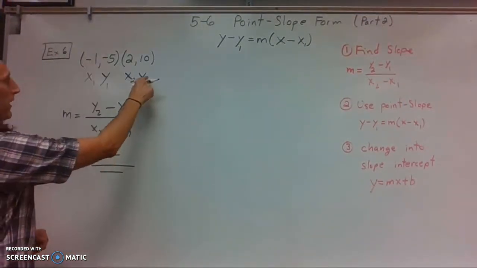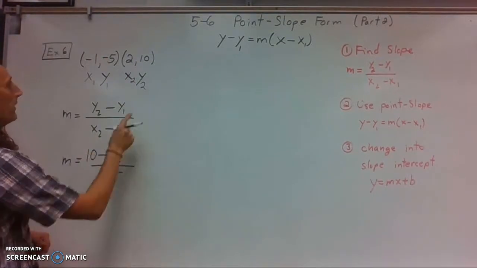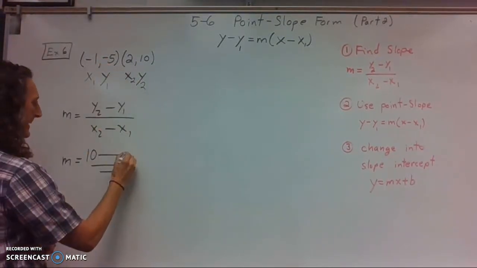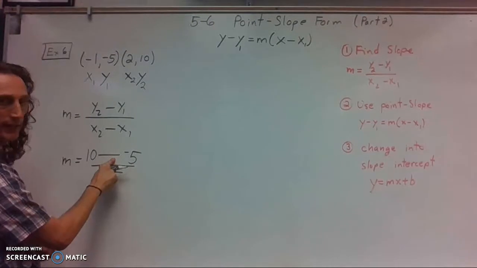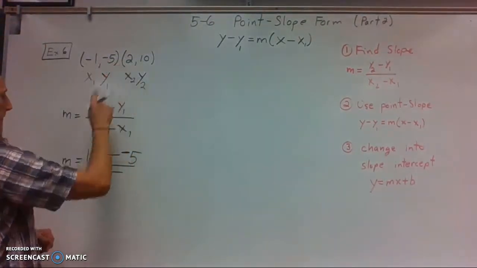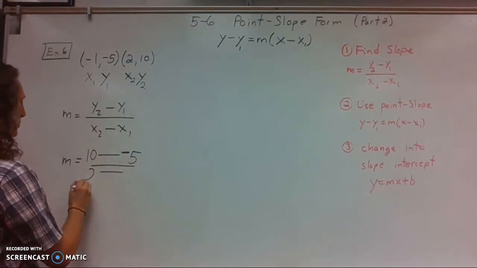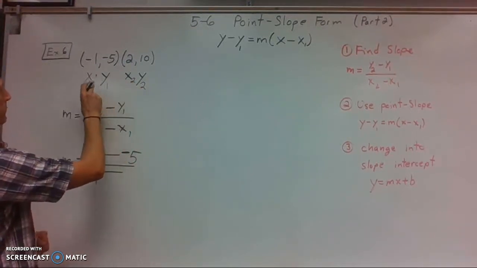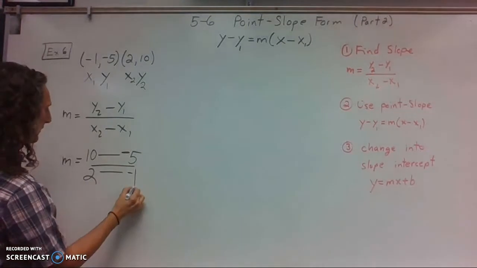So I have my y2 is 10. My y1 is -5. That's why I put my minus sign in case I get this -5 right here. Then I'm going to go with my x2, which is 2, and my x1, which is -1, right?